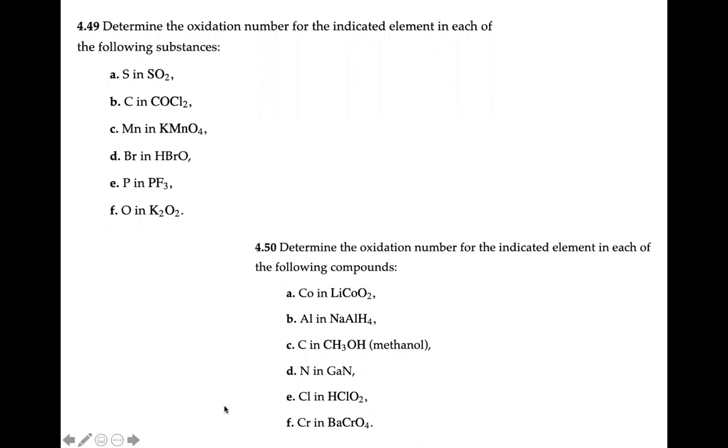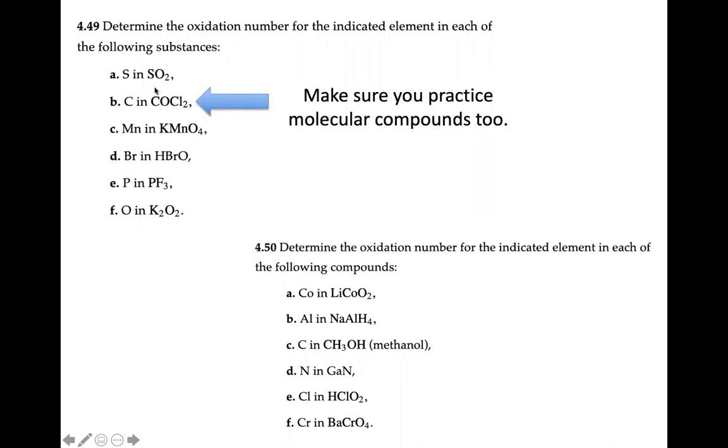One suggestion as far as what to practice within here, this would be the most difficult. Make sure when you're practicing oxidation numbers, you practice some molecular compounds too. Students usually have a lot better success when they're assigning oxidation numbers in ionic compounds than they do in molecular ones. So make sure you practice some molecular ones too.